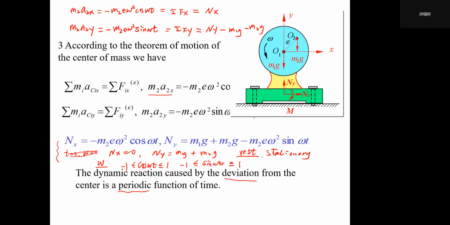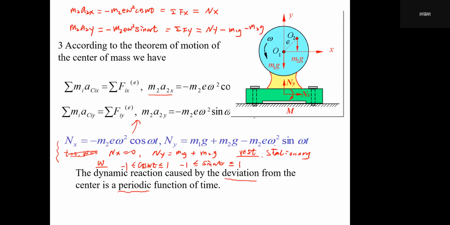So that means if this omega is high enough, the higher the omega's value is, the more harmful this nx and this ny will be, right? And its direction will be changed.